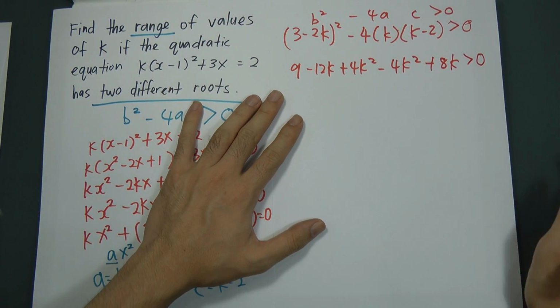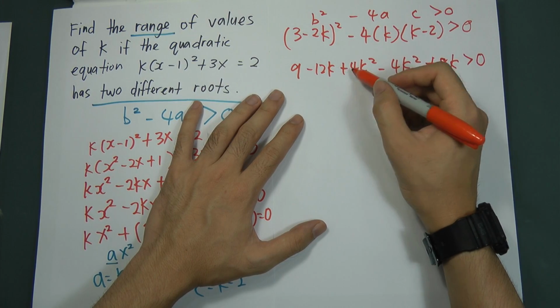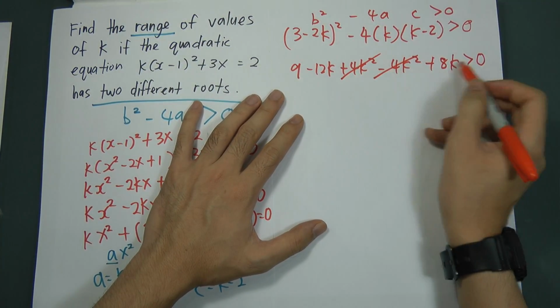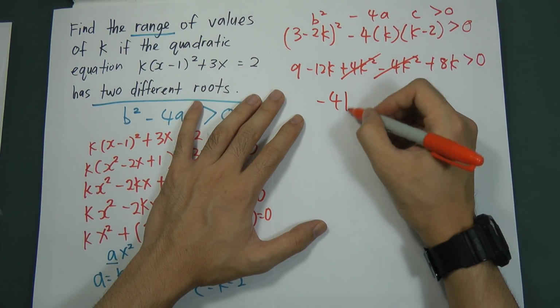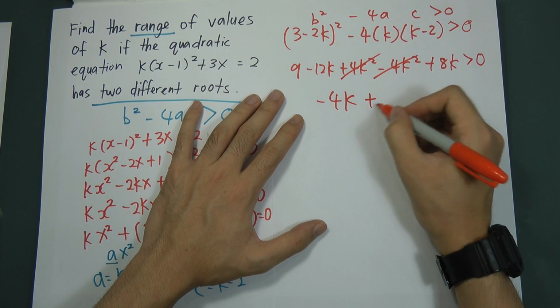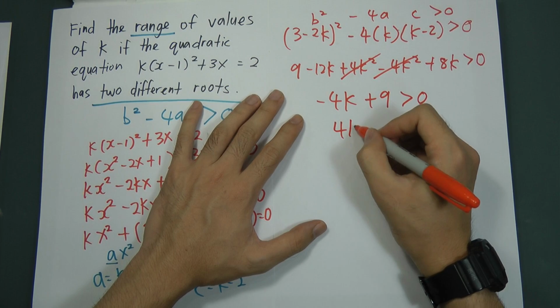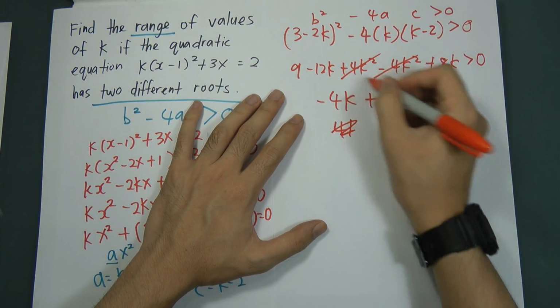Okay, then I just solve this one quickly. 4k squared minus 4k squared, I settle. Negative 12k plus 8k, I got negative 4k, plus 9, bigger than 0. Therefore, I move the 4k over to that side.